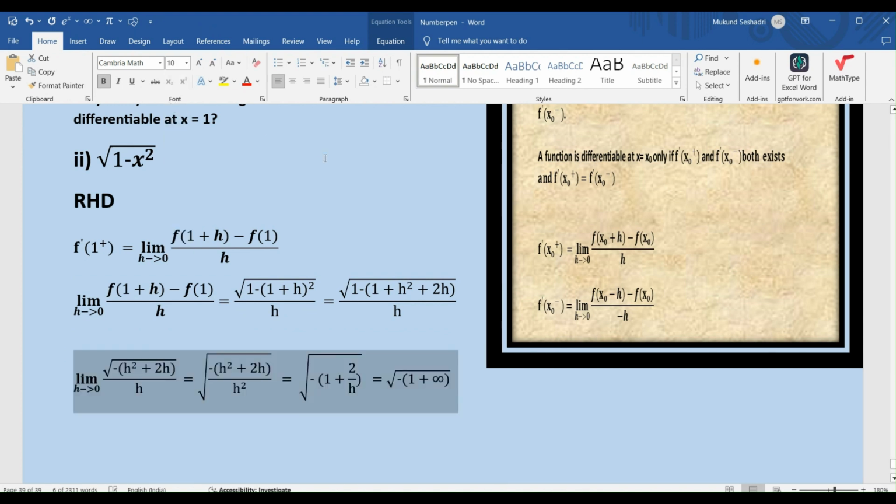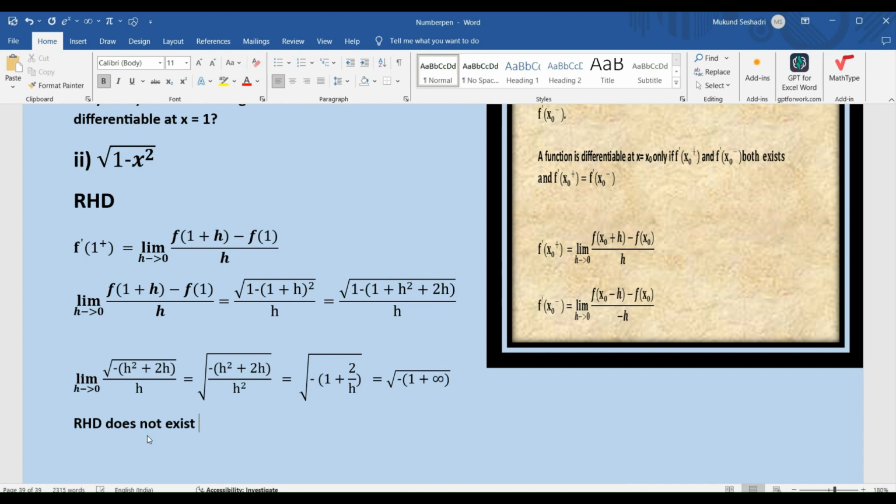First, we are tending not towards a finite number, we are tending towards an infinite value. Second is square root of a negative number. Square root of 1 plus infinity into minus 1 is what we have. So which means our RHD does not exist, right? So we can comfortably write our RHD does not exist, right?